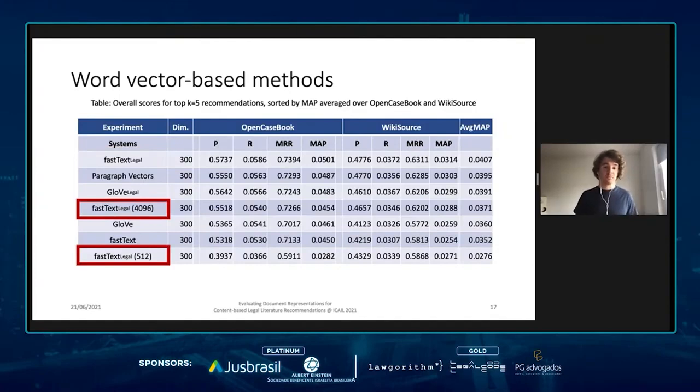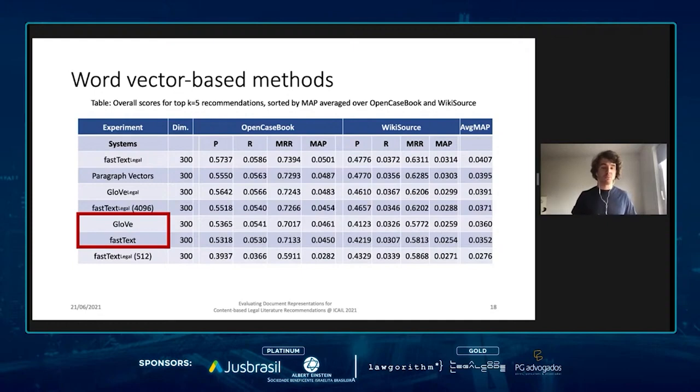We see that limiting the document text to a length that can be processed by the transformers does harm the performance, as we can see here with fastText legal limited to either 4096 tokens or to 512 tokens. The other domain-specific methods like paragraph vectors or GloVe legal have shown a similar decline when limiting their document length, but are not listed here in the paper.